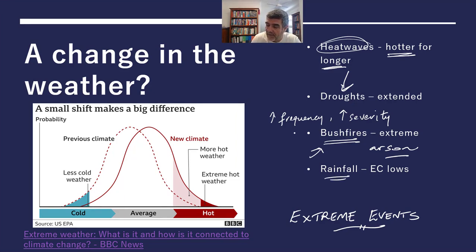Again, we're talking about the frequency and the severity of rainfall, and we've lived through very recently some of these east coast lows which were smashing the east coast of Australia and creating huge issues around flooding in our local area. So as these weather patterns start to change, we can see changes in the frequency and severity of these very important events: heat waves, droughts, the incidence of bushfires, and also rainfall.